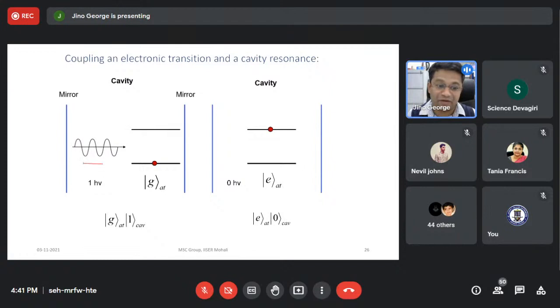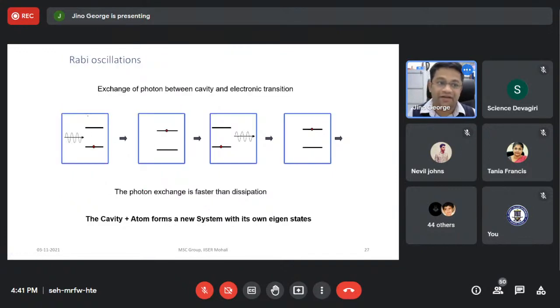I have given one photon, my ground state is going up here, and then it emits, then the same photon comes, excites, then it goes here, comes, repeating this process, 1, 2, 3, 4, how many cycles? This creates an interaction. This is called Rabi oscillation.